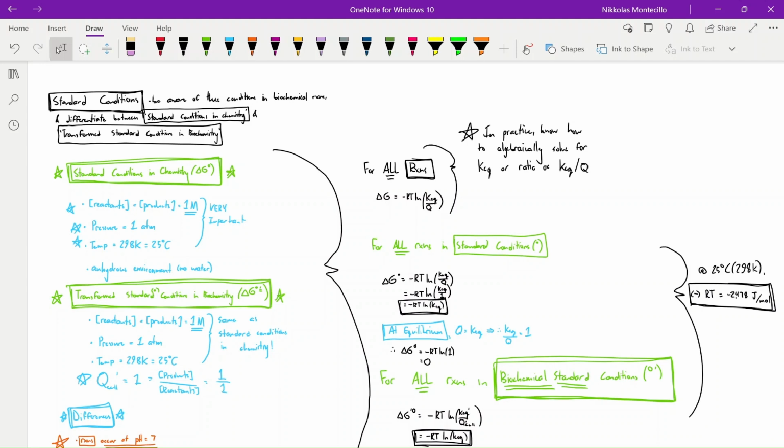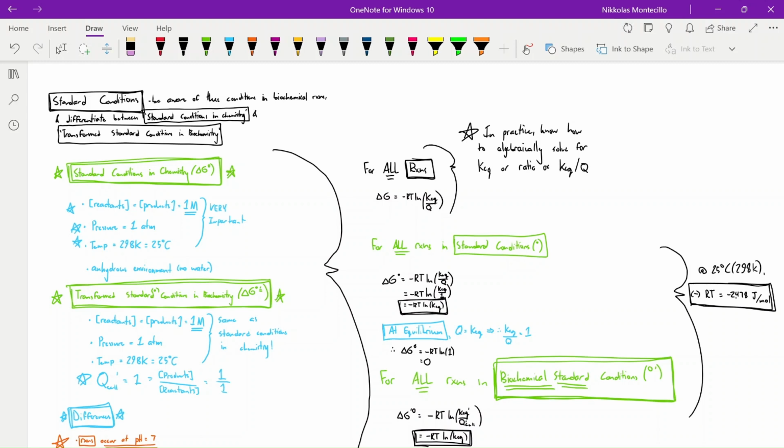Now for all reactions in standard conditions, delta G equals negative RT ln KEQ over Q. And because we can assume that Q is equal to 1, we can just factor out Q and replace the equation with negative RT ln KEQ, the equilibrium constant.